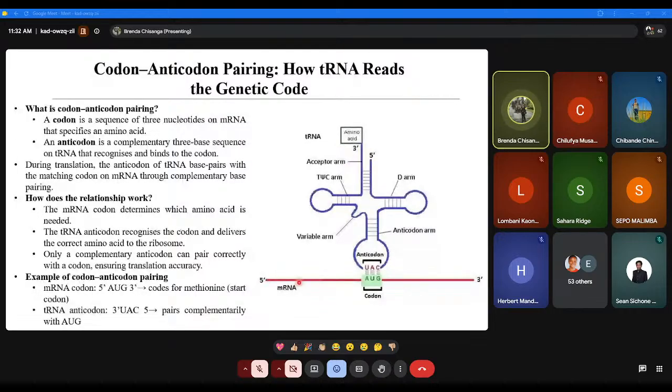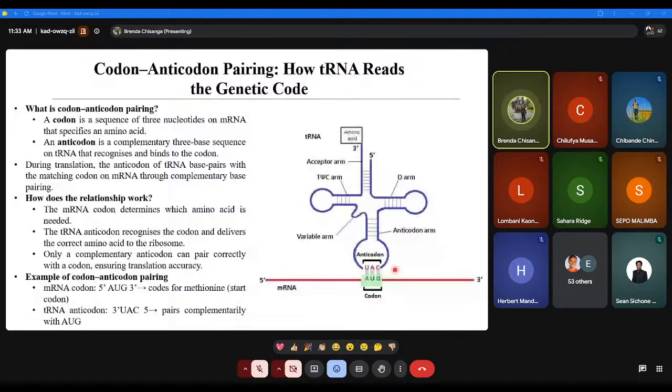You can see on this end of my mRNA, this is the 5' end. Now, if I move closer to my codon, it means this end is a 5' end and this end of the codon is the 3' end. The anticodon then, this end is going to be a 3' end and this end of the anticodon will be a 5' end. This is very important because translation also proceeds in a specific direction.